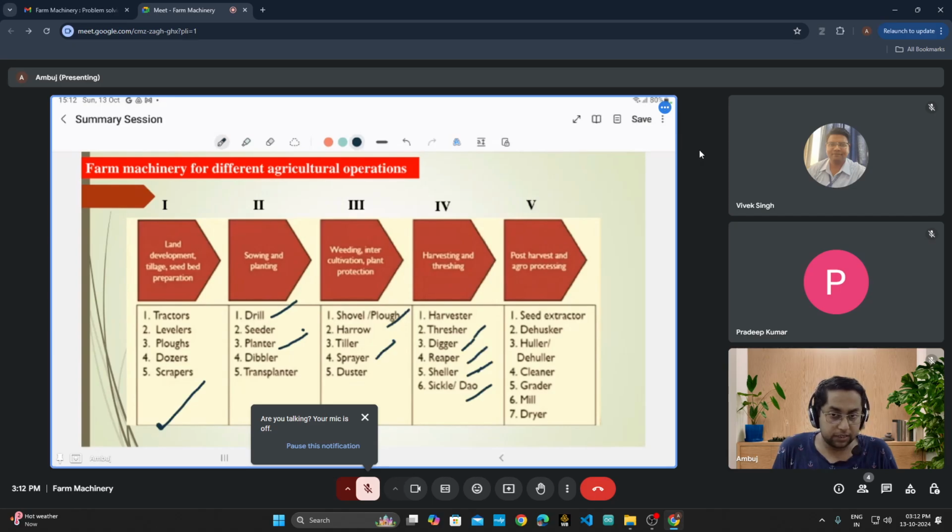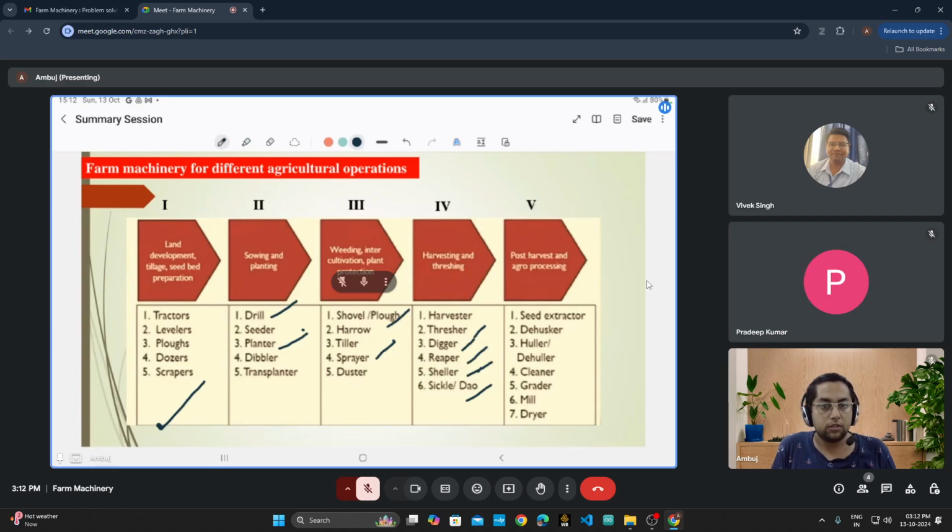Various methods are there, but in this particular course we have talked about your dehusker, then dehuller, cleaner and grader. These two pieces of equipment are generally inside one particular machinery. First the grains are cleaned, meaning unwanted material, dirt, dust, stones are removed from the grain. Then the grain is graded.